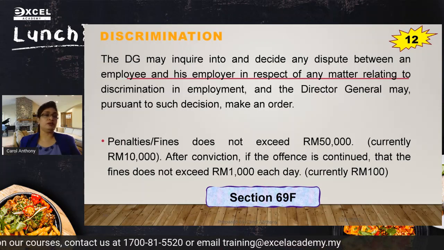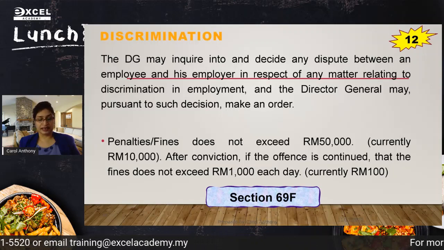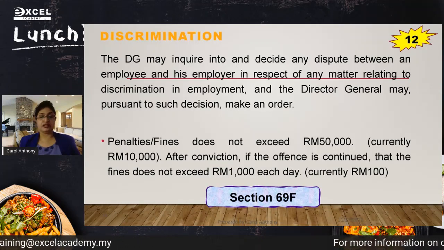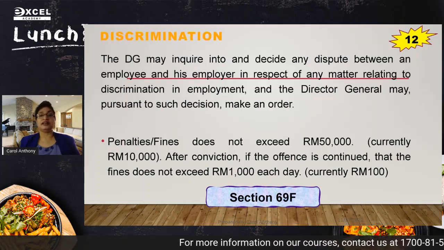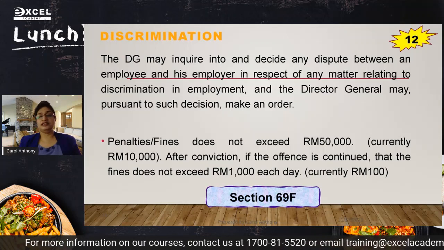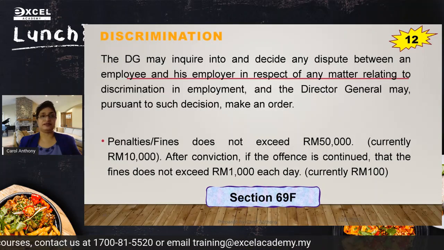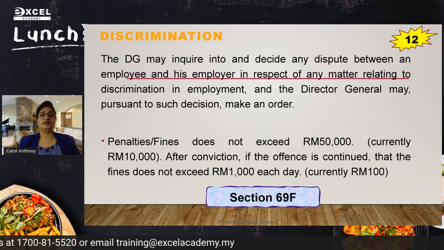Say that they won't do work properly, they are always going on leave, then you discriminate against them in whatever way, that should not be done. Then this clause will come into play. Section 69F. So you need to be very careful with this. Okay, moving on.